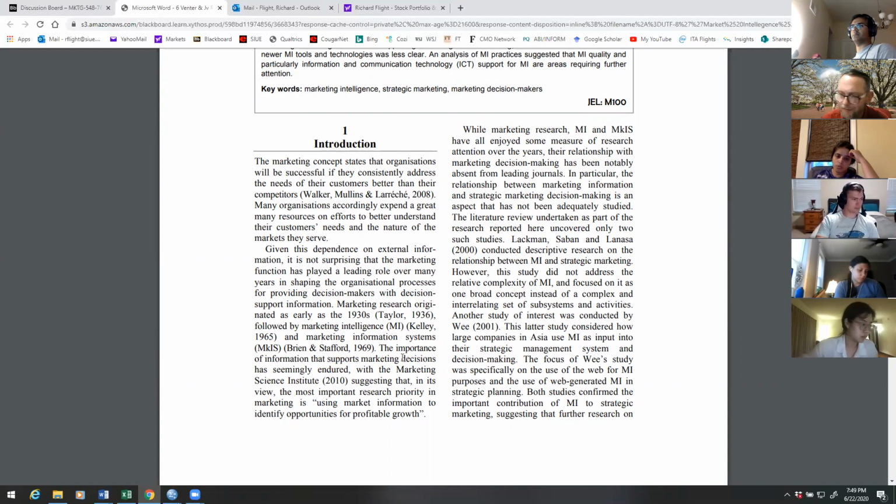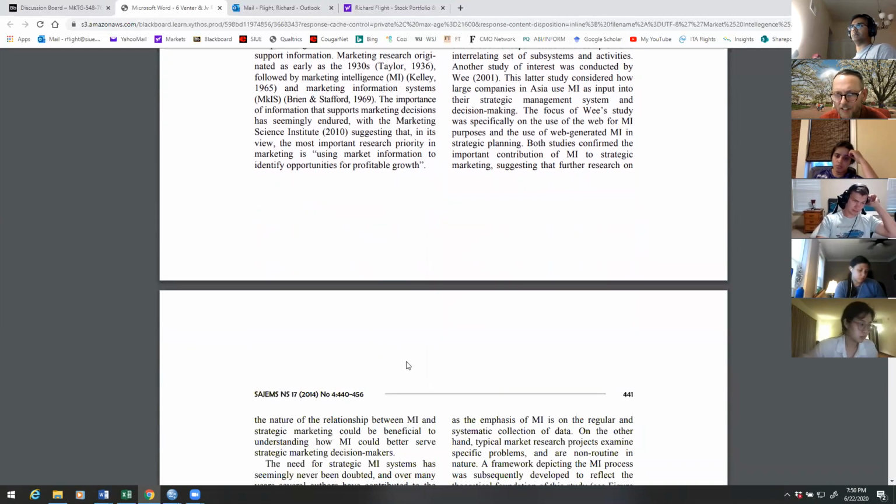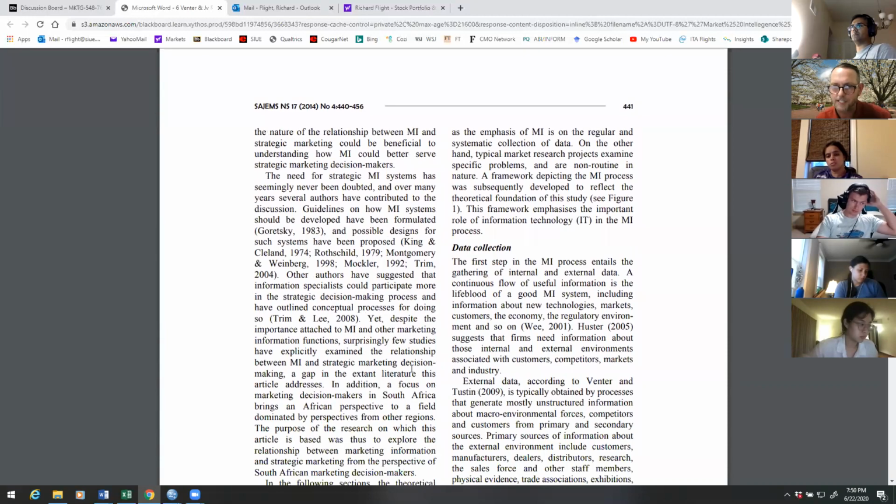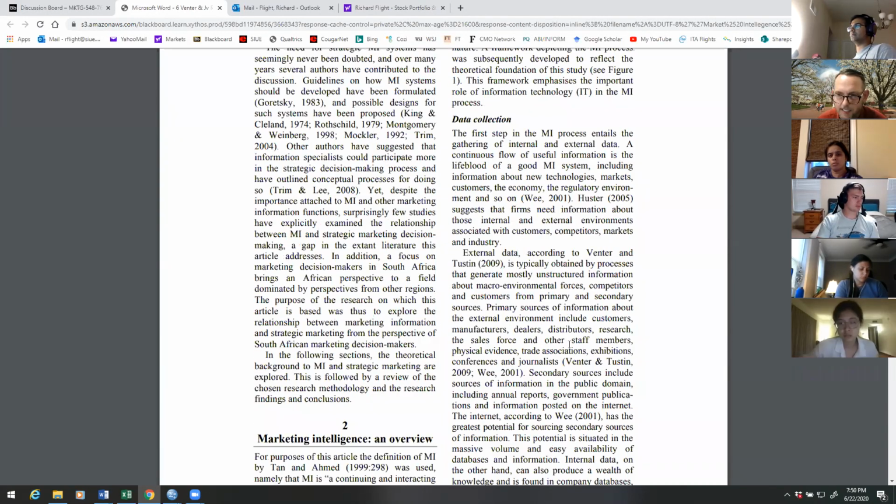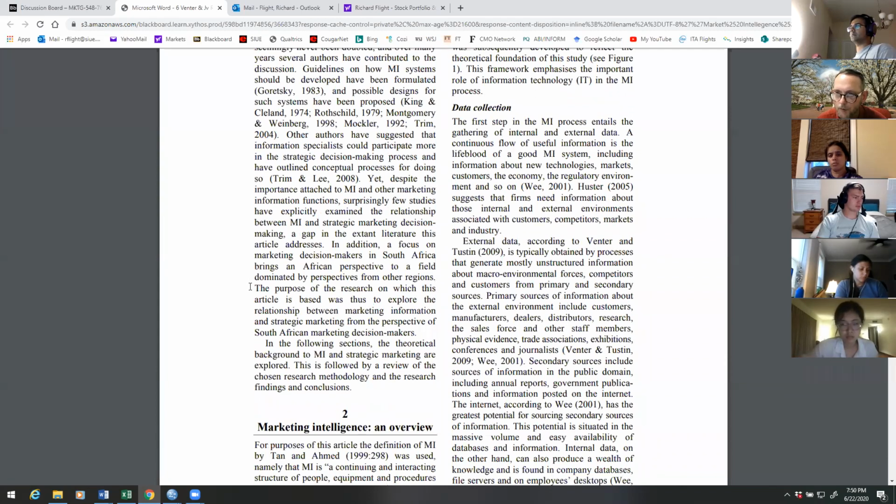That's the focus of this article, and it's not really that important to understand all the theory behind it. What I'm more interested in is the data collection and the actual process of the research. There'll always be a little section where it says what the purpose of the research is. And again, you should know why you're doing your research. You should have some statement as to what you want to accomplish, your research objective and stuff like that.